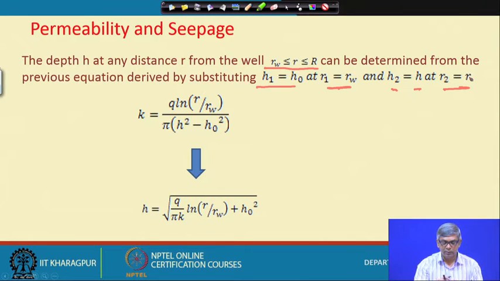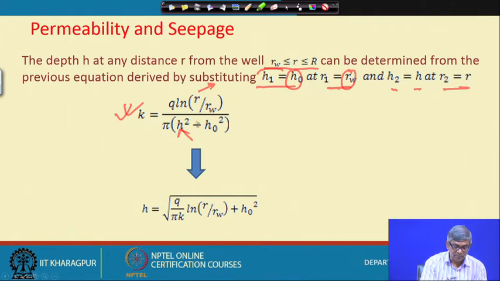Here, what we are doing is at a distance R. So, R 1 I can substitute by R W, and H 1 by H naught, and H 2 will be H at R 2 equal to R. If I put this, the equation will be modified to this form, that means at a radial distance R, what is the height H. If you fix, say, about 100 meter distance, the value of height is to be determined.